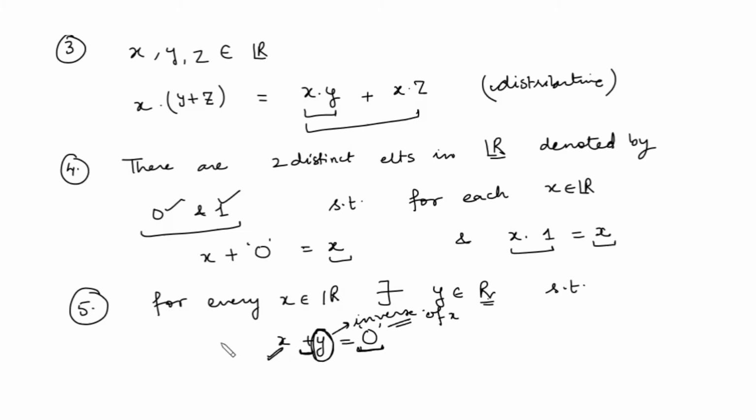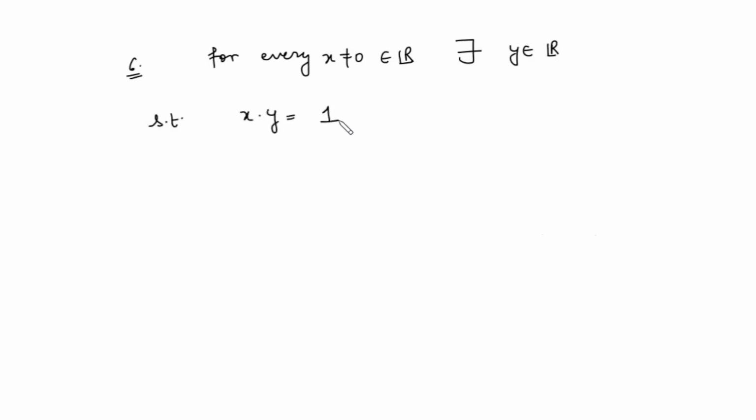Yes, ma'am. Now the last property, can I move to the next slide? Yes, ma'am. Okay. Now the last property is, for every non-zero x in set of real numbers, there exists y in real numbers such that the product of these two should be 1, because 1 is the multiplicative identity, right?